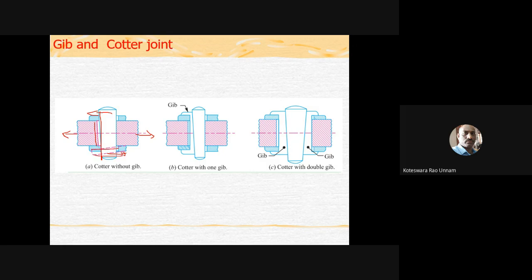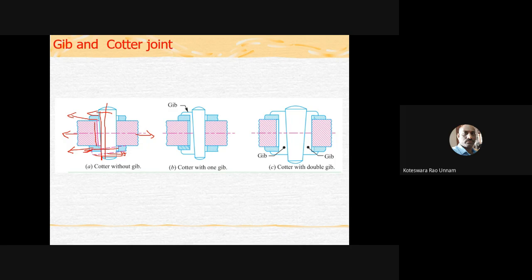Because of this tilting, there is bending in the cotter, and not only the cotter, this connecting part also is subjected to some bending. If this is a sleeve or socket, it is also subjected to some sort of bending. Our intention in creating cotter joints is that there should be only axial loading.